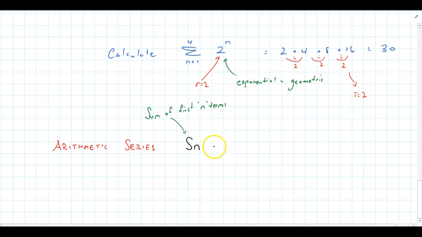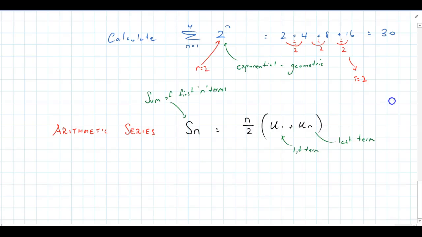Right, Sn for an arithmetic equals n over 2. Now, if we know what the last term is, we can just go u1 plus un, u1 being the first term and un being the last term in the sequence.